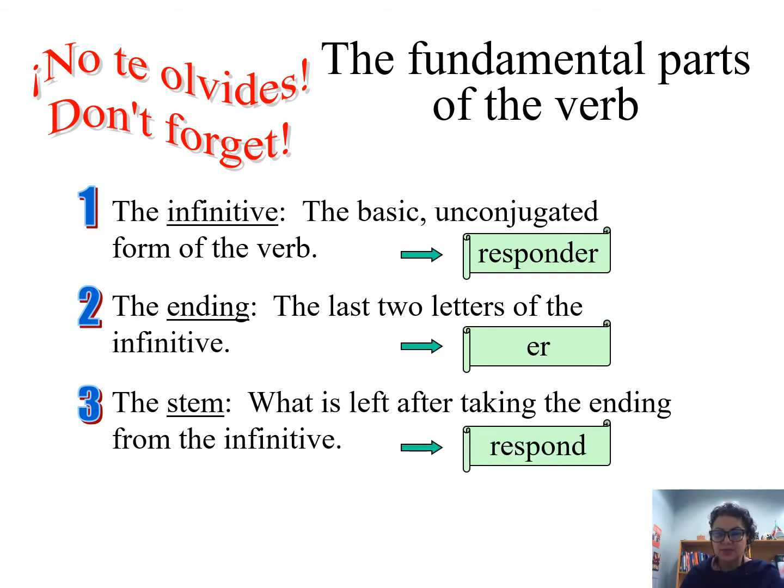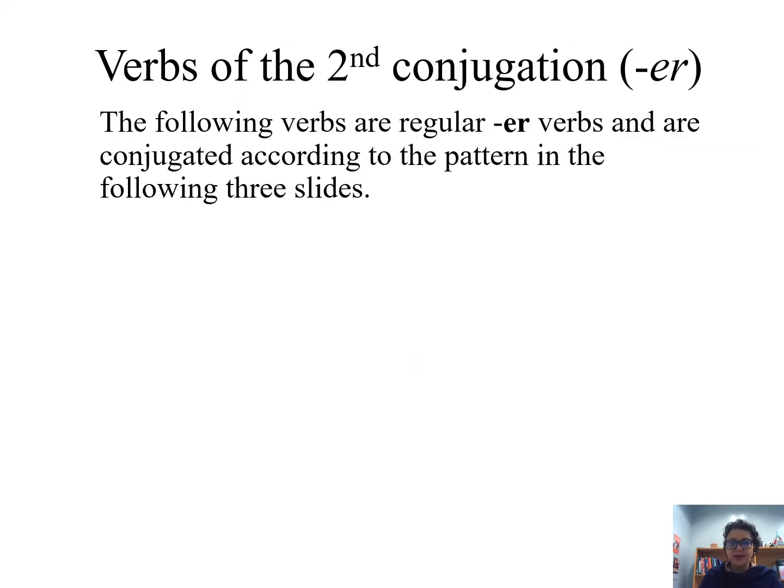Once we know that, it's going to be really helpful because it doesn't matter who does the action. We always want to keep the stem. For example, we call it conjugation. Conjugation is when we have the infinitive verb, in this case, to respond, and how do you say I respond, you respond, she responds, we respond, they respond.